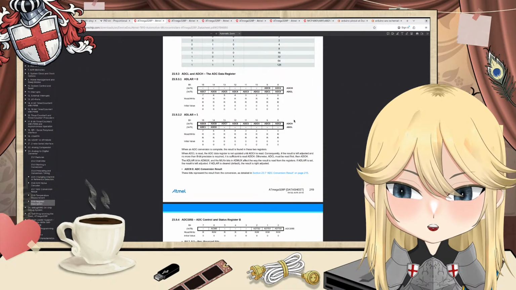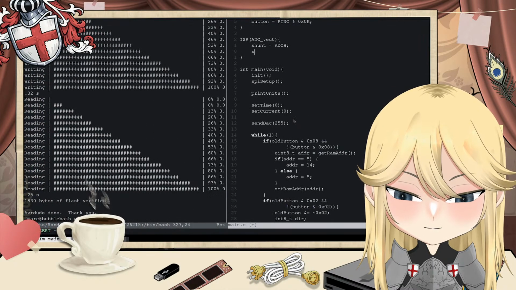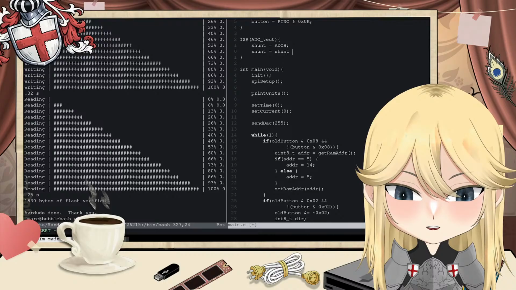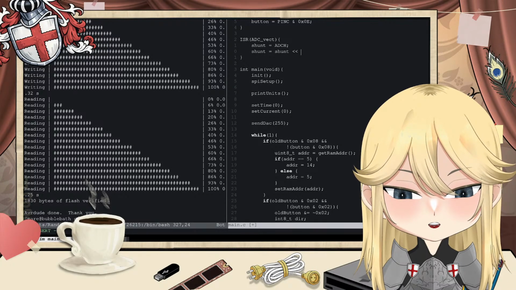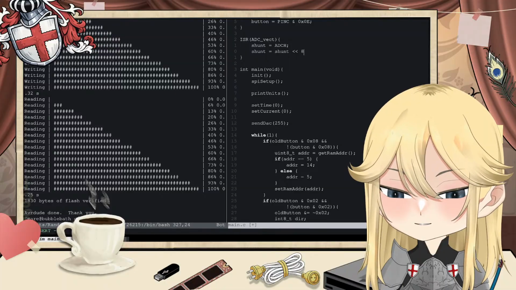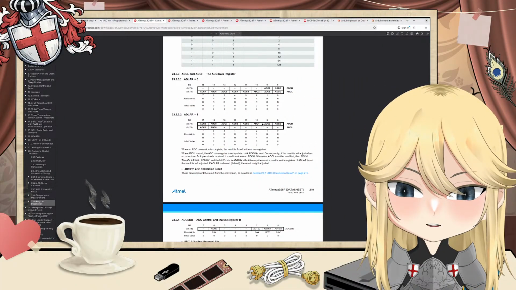And then shunt equals shunt left shift 8, right? I think so. 1, 2, 3, 4. 1, 2, 3, 4, 5, 6, 7, 8, yes.